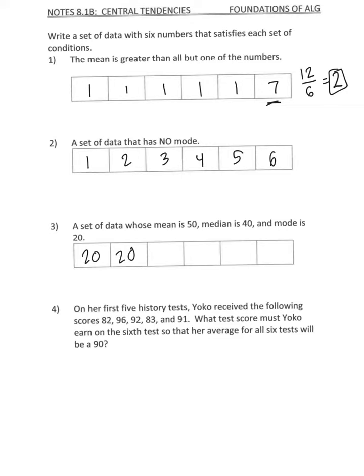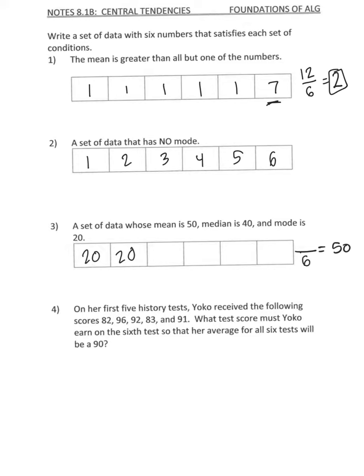So if my mean is 50, that means that when I add them all up and divide by, sorry, 6, because I've got 6 points, not 2, when I add them all up and divide by 6, I should get 50.